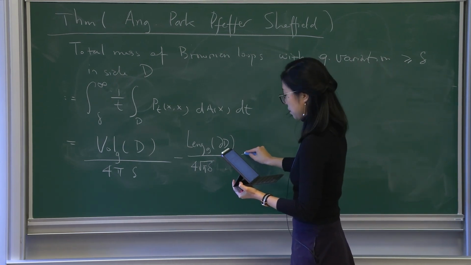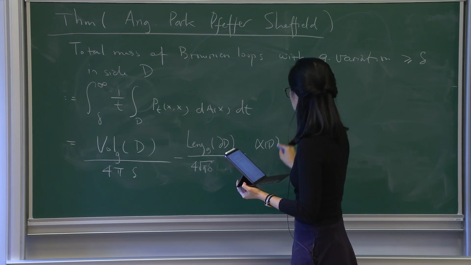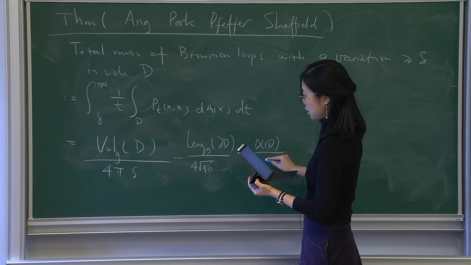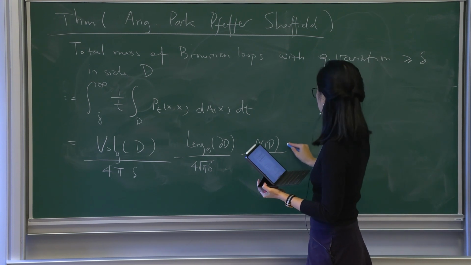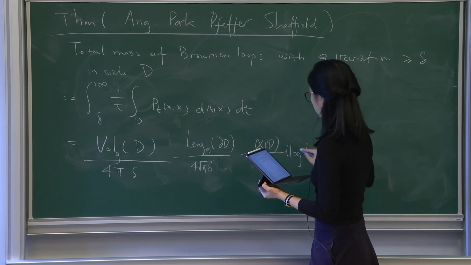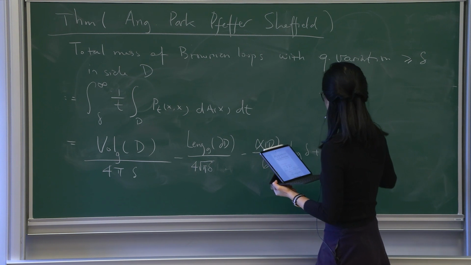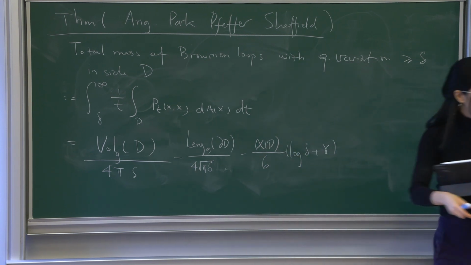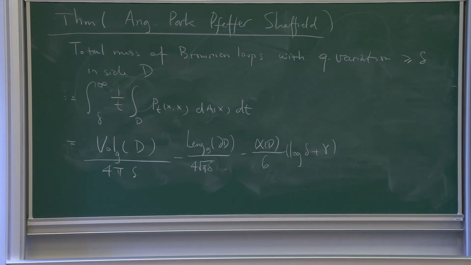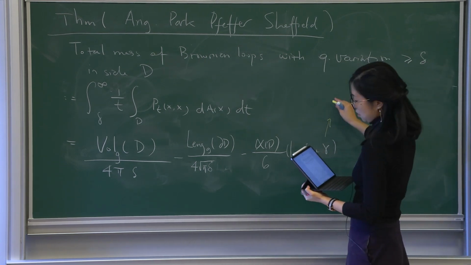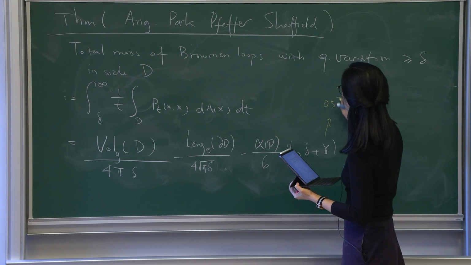And there's the next term, chi of D, the Euler characteristic, times log delta plus gamma. Gamma is Euler's constant, so this is basically 0.577.